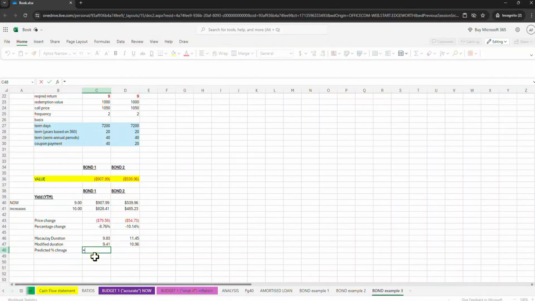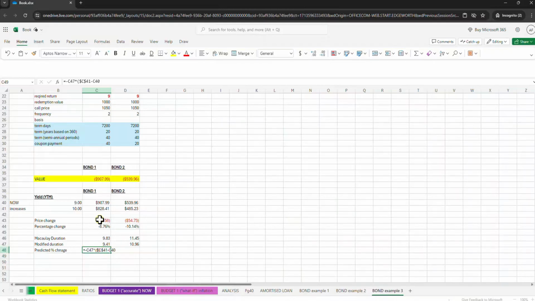Negative modified duration multiplied by open brackets. I need to fix the cell. I'm looking at my change in price. So this one, fix that cell, minus the original price, this one.